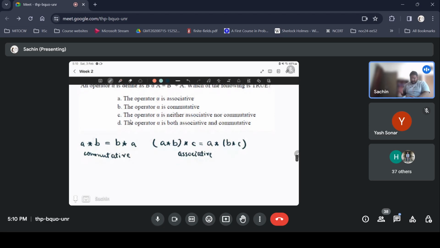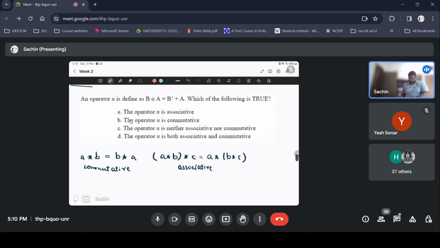So what the commutative property means is that even if you change the order of the operation, the result will not change. For example, 2 plus 5 is 7 and 5 plus 2 is also 7. So by changing which number comes first, the answer will not change. That's the commutative property.